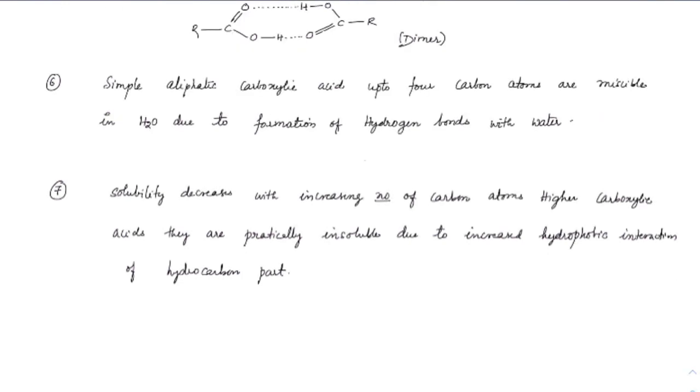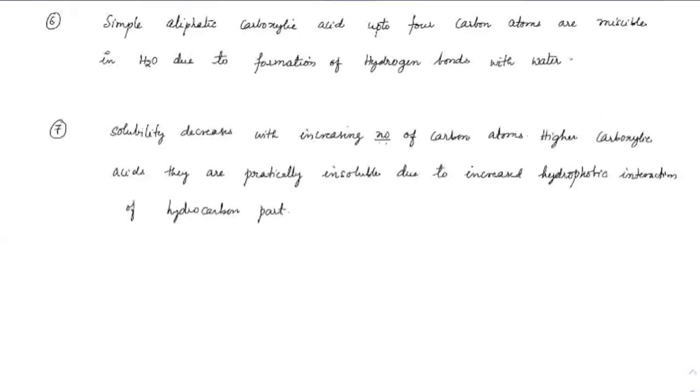So that alkyl, which is hydrophobic, starts increasing. So you can relate with this that solubility decreases with increase in carbon atoms. So higher carboxylic acids are practically insoluble, like soaps, for instance, due to increased hydrophobic interactions of the hydrocarbon part. Okay, I guess these points are clear.